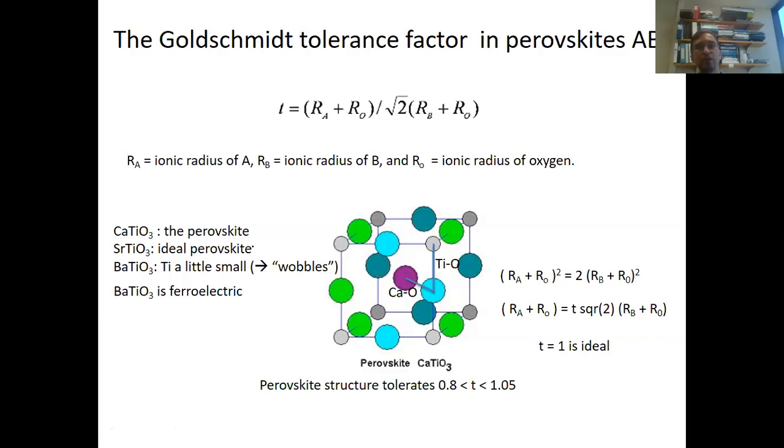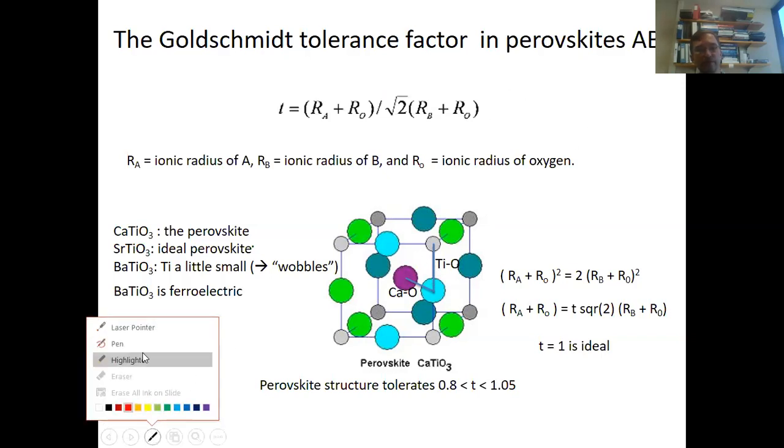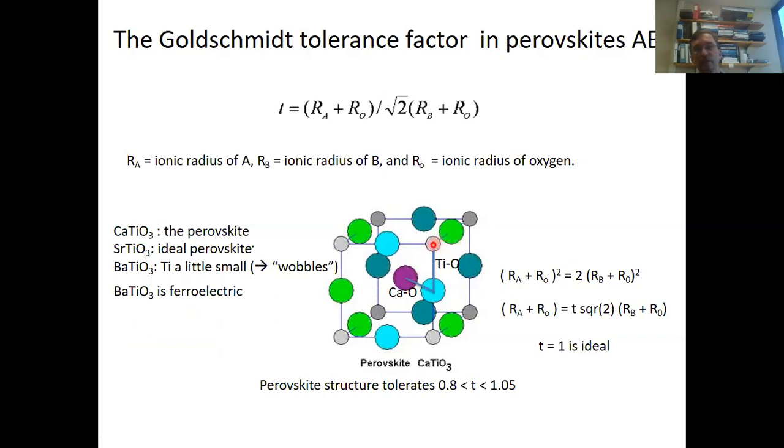Okay, so now how do we arrive at this formula? We can arrive at this formula from geometric arguments. So you see again here the unit cell for the perovskite. This distance here is the distance between the species B, that can be, for instance, titanium, and the oxygen.